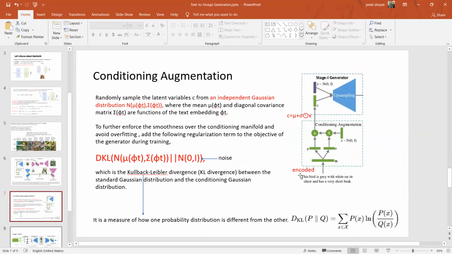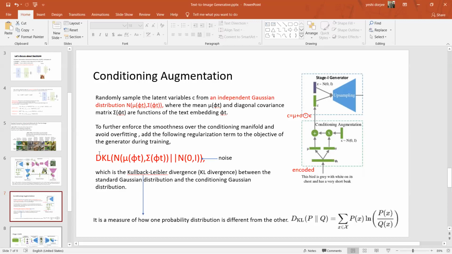When we try to encode this text into a vector, a word to vector dimension or a Gaussian distribution, it is very spread out, and the generator faces problems in training. That's why we use condition augmentation, which maintains the smoothness of the vector embedding.